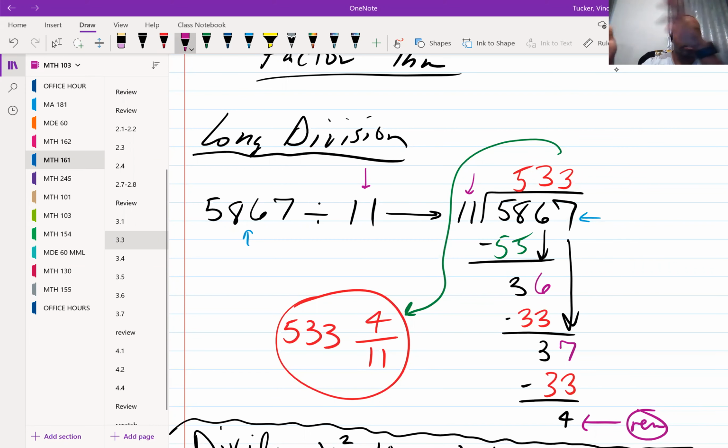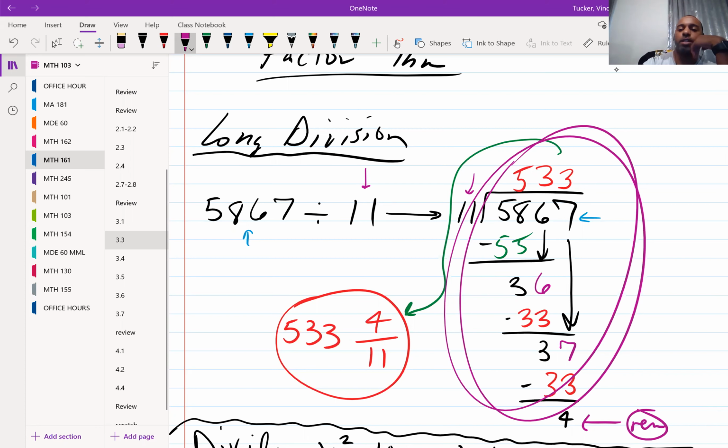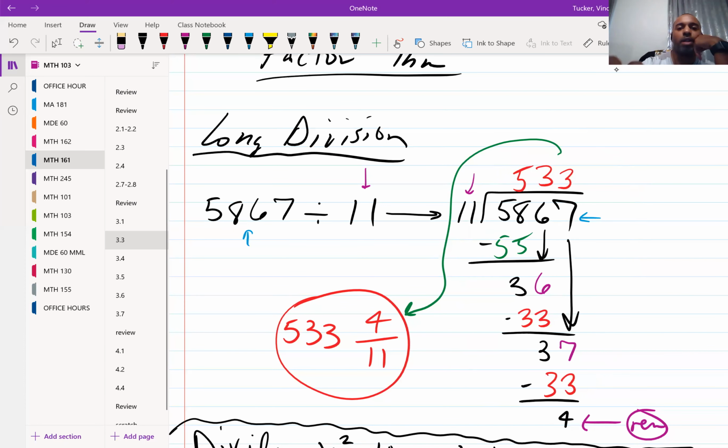We're not adding decimals or anything like that. So this is the end of our problem. So that lets us know that that is our remainder. And notice how we write our answer: 533. Then we take the remainder and place it over what we were dividing by, which was 11. So this same long division process is what we're going to implement with dividing our polynomials.